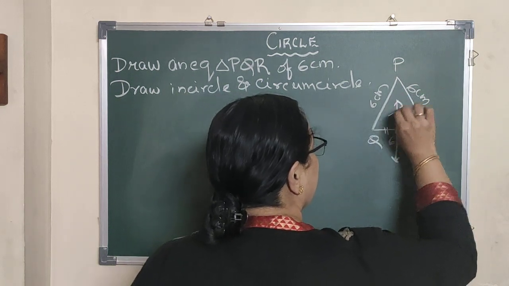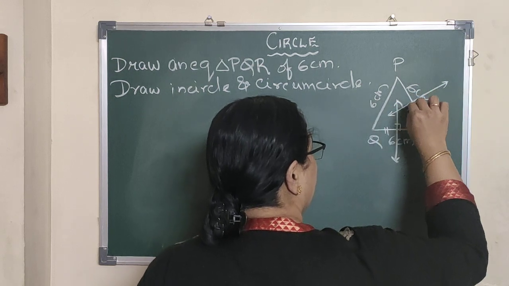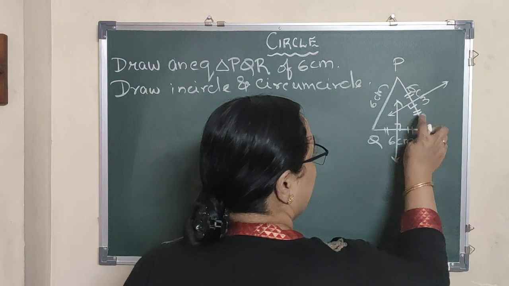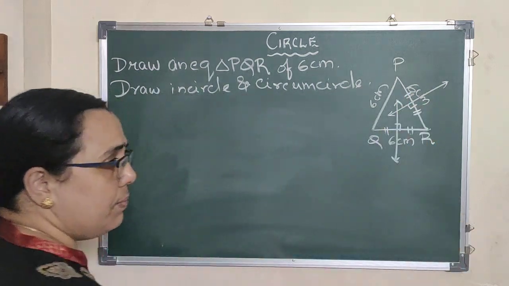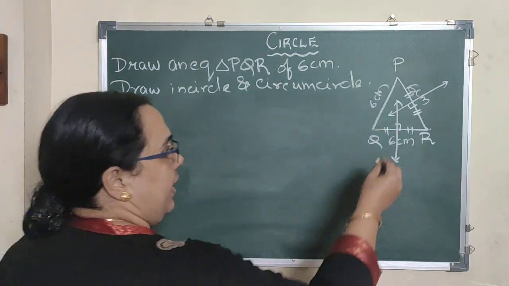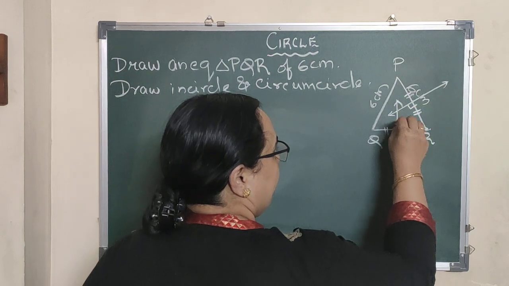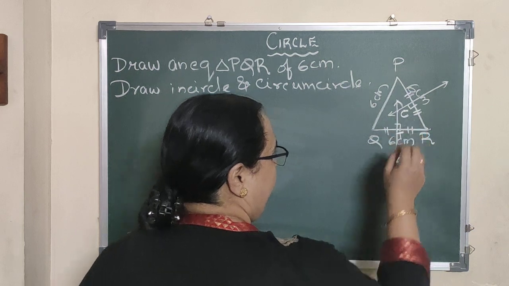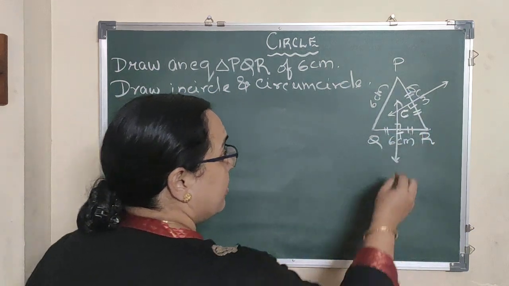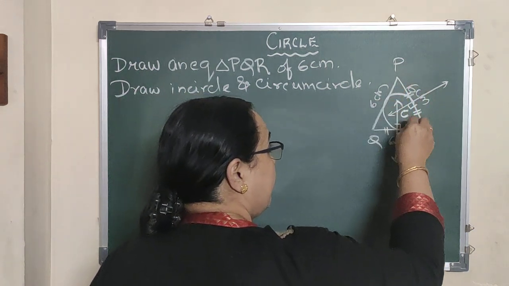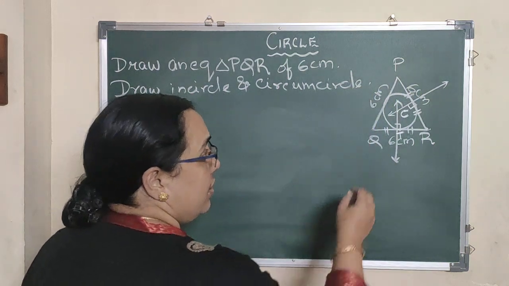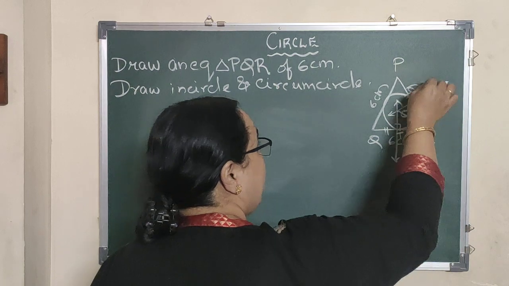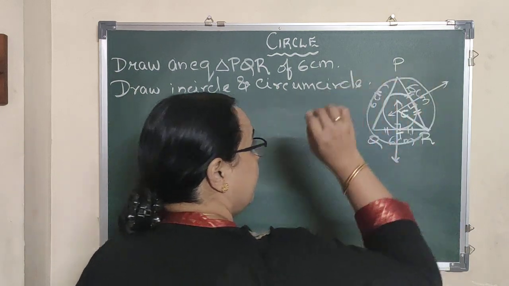Here I can draw them equal because this is equal, this is also equal. Naming this point C, taking CT as the radius, I will complete my incircle. Taking CR as the radius with the same center C, I will complete my circumcircle.